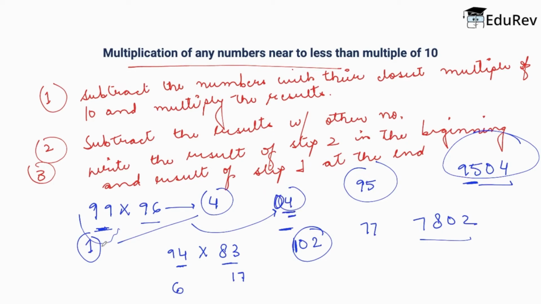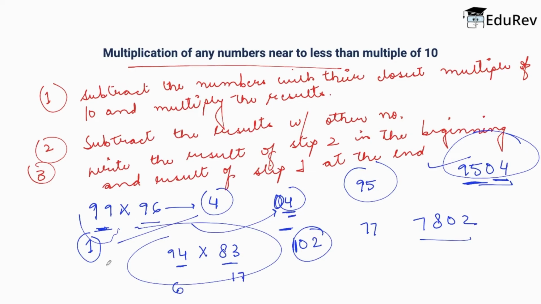Then I have to subtract the opposites, that is 1 from 96, so it will be 95, and similarly 4 from 99, it is going to be 95. So my answer by both the methods is 95. And then I just have to write them beside each other, that is 9504. In the similar manner, we did 94 into 83. I hope you understood this.